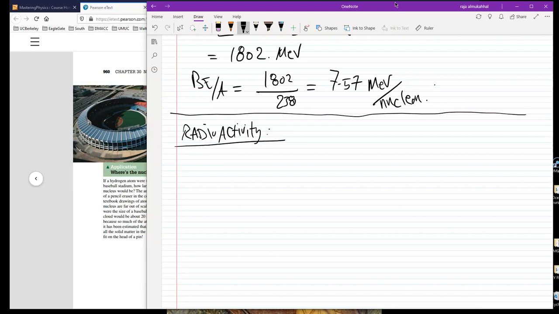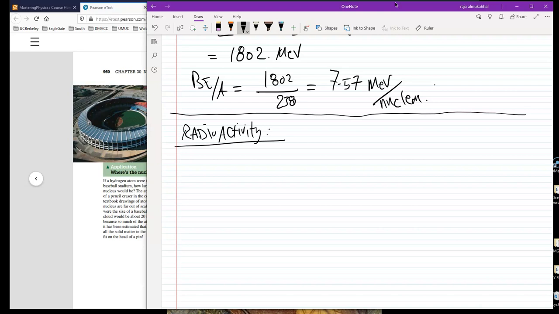Unstable nuclei, and I hope you will take the time to read it. Let me just show you which section that is. Radioactivity, section 30.3, okay?